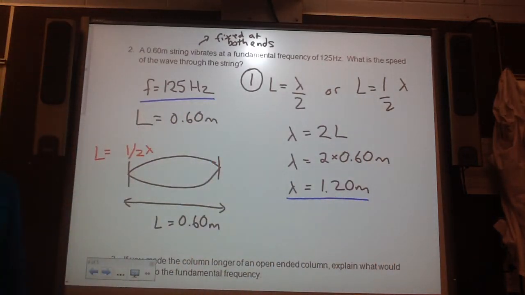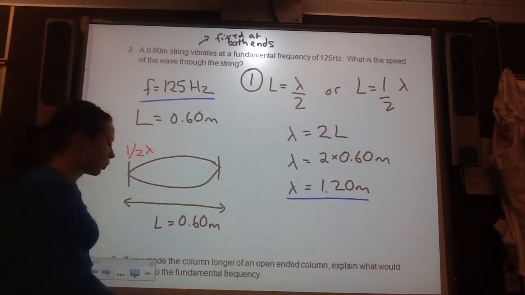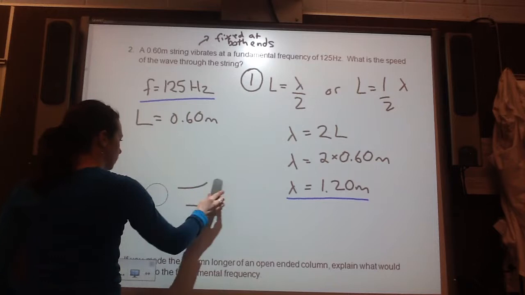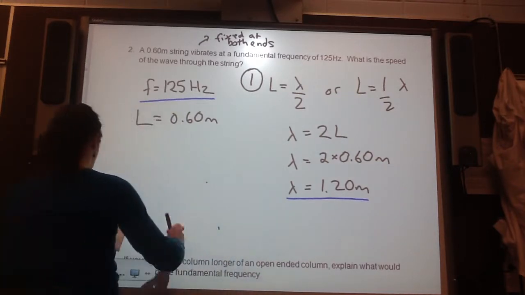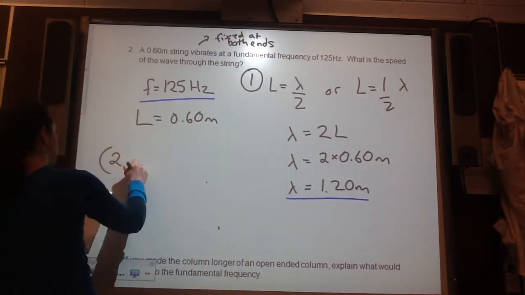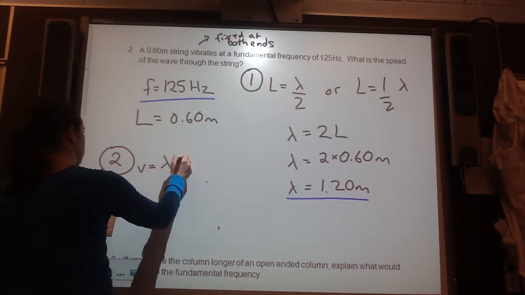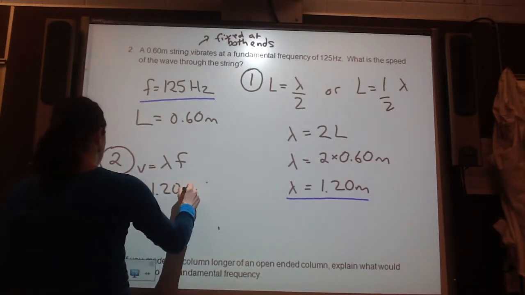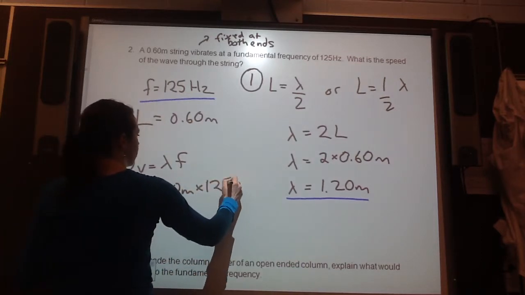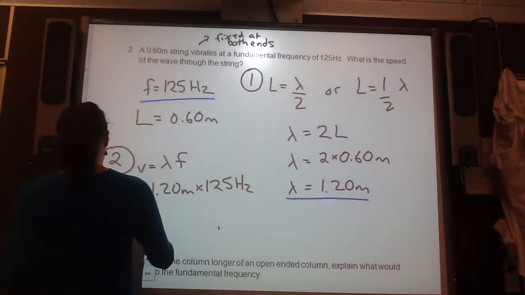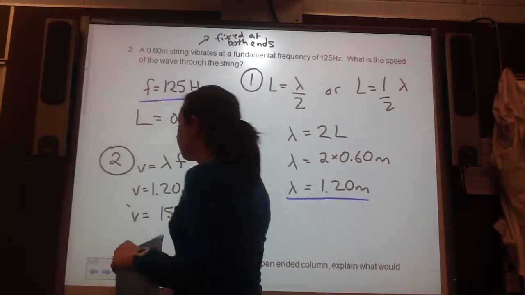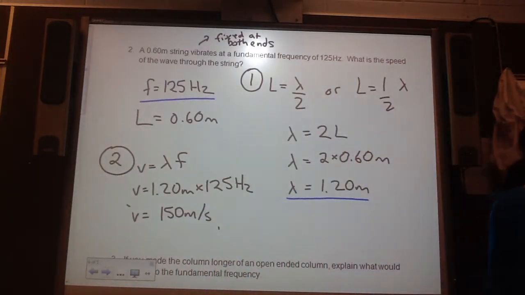Now I can find the speed using my universal wave equation. So my second step, V is equal to wavelength times F. V is 1.20 meters times 125 hertz. So V is 150 meters per second.